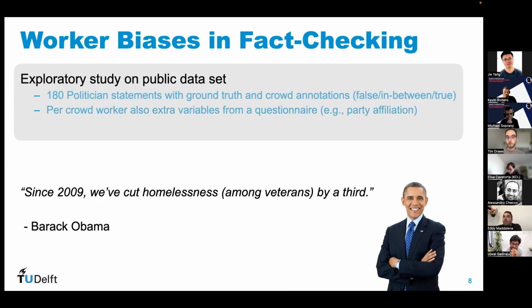Per crowd worker, we also had a few extra variables from a questionnaire that each crowd worker went through. So for instance, we knew their party affiliation, their stance on different debated topics, also their confidence regarding their fact-checking abilities. And this we used as a basis to explore what cognitive biases may have taken place.